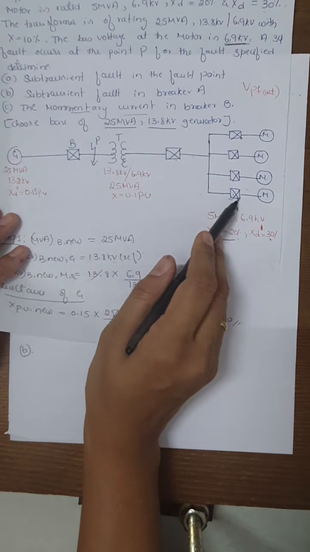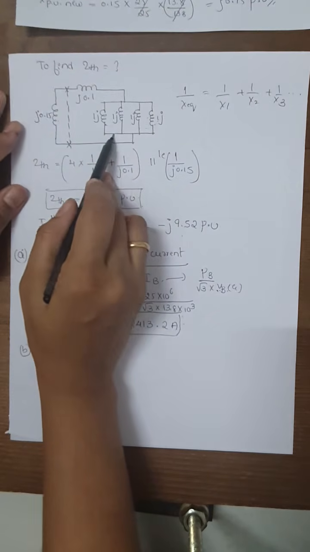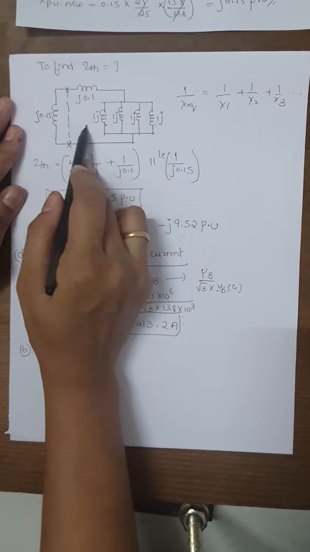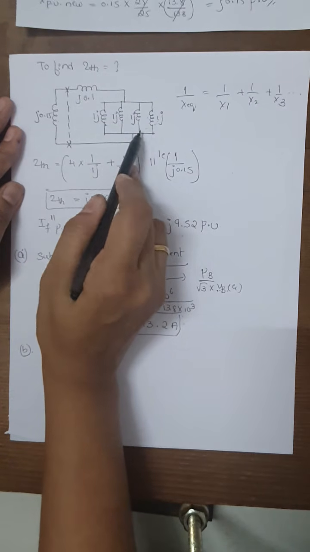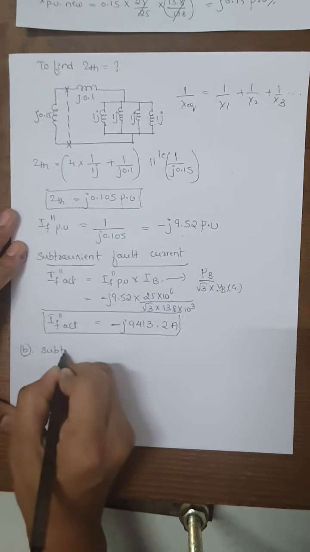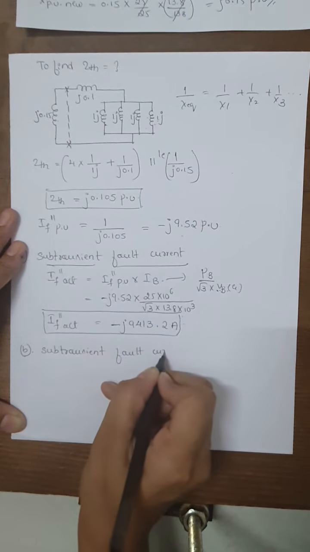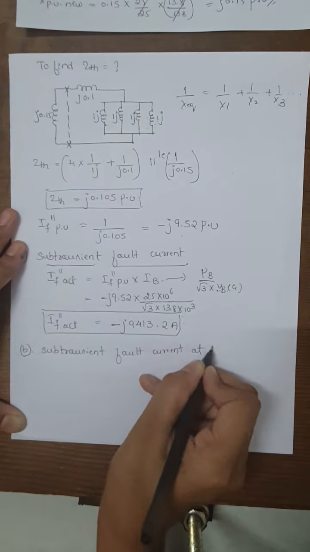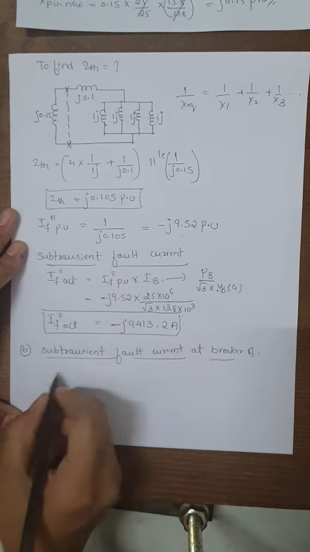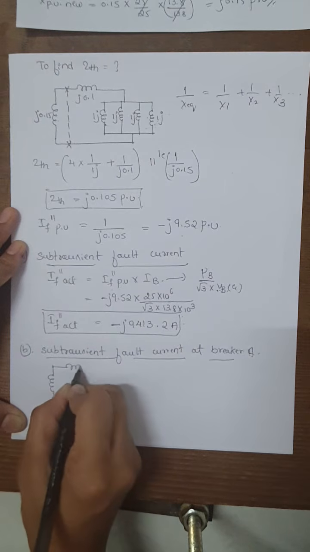Now based on this I am going to rewrite the same reactance diagram, but this motor will no longer be connected to the system, because it is disconnected from the system. So for the calculation of the subtransient fault current at breaker A, I am writing the equivalent circuit, the reactance diagram, once again.